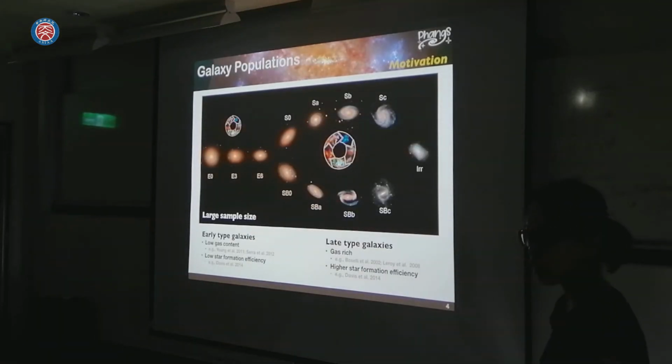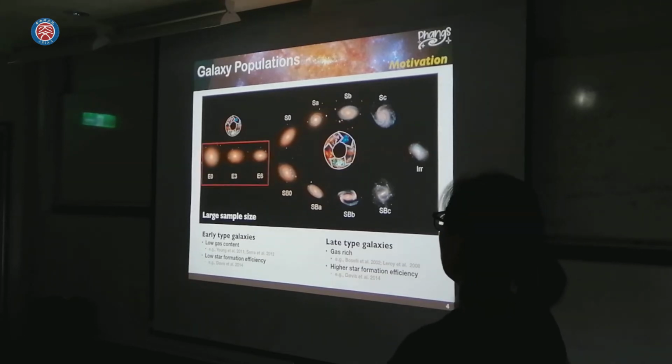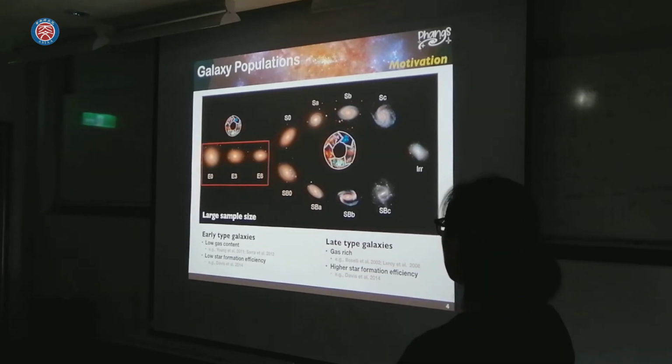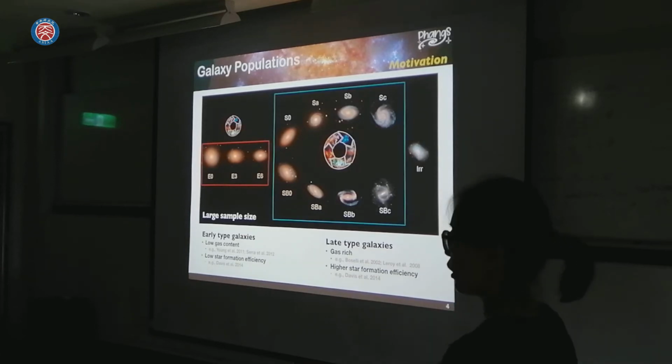On the other hand, there are many types of galaxies. For example, early type galaxies normally have a small amount of cold gas, and the star formation efficiency of that gas is also low. Compared to this, late type galaxies are normally gas rich with high star formation efficiency. So star formation may proceed differently in early type and late type galaxies.